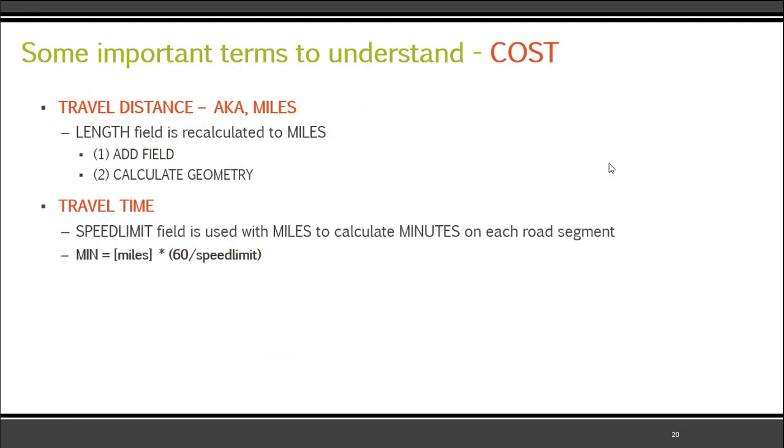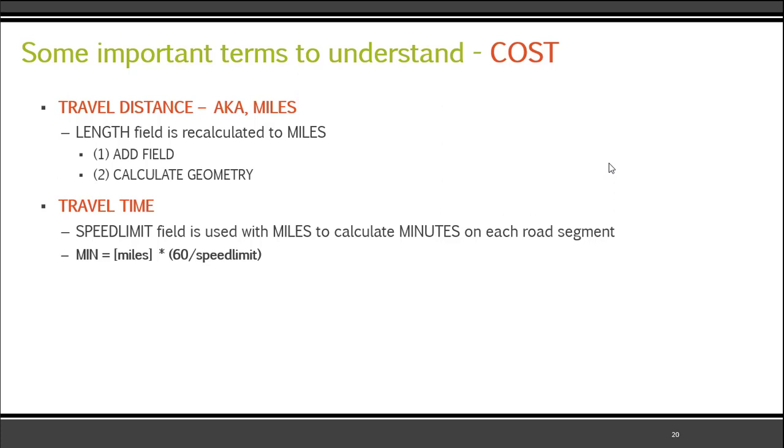All right, some important terms to understand with cost. Travel distance, also miles, is the length of your field recalculated to miles. If you need to do this on your own, you would simply add a field to your roads data set if it didn't already have a distance in miles. You know that every line data set has a length field, and that length is going to be in the units of your coordinate system.